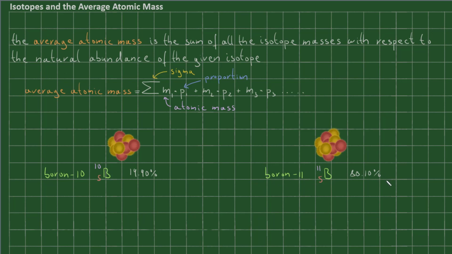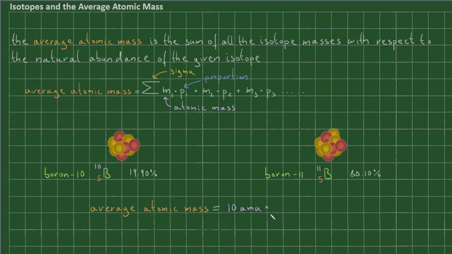So what is the average atomic mass of boron? Well, I'm going to apply the formula above. Firstly, I'm going to write average atomic mass equals the atomic mass of the first boron isotope, which happens to be 10. So I'm going to write 10 AMU. Remember, AMU stands for atomic mass units, multiplied by the proportion of boron 10.